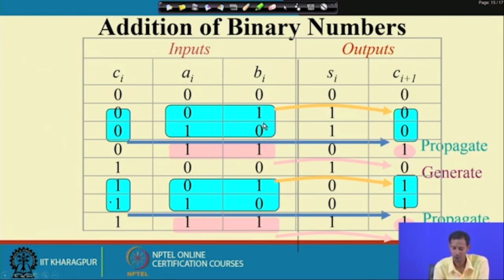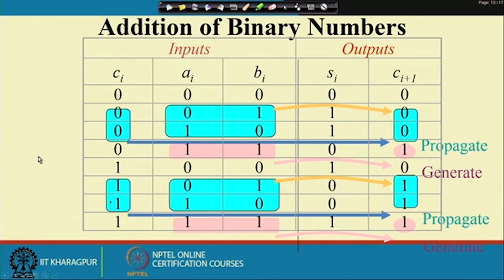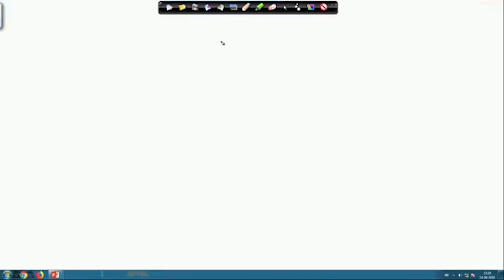So, what it says, whenever this is basically 0, that means this is the A I, sorry, if I consider this A I plus B I, okay.